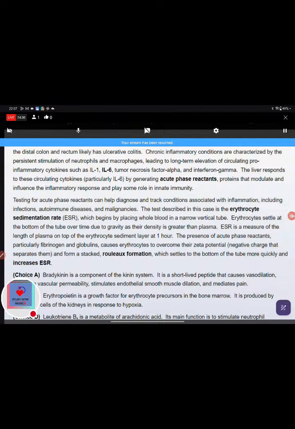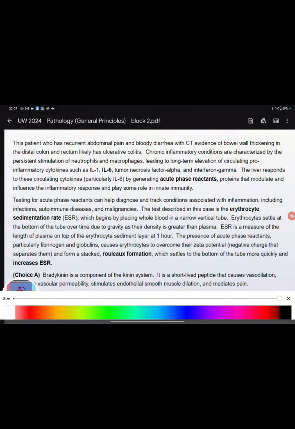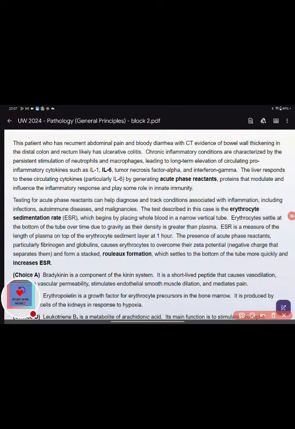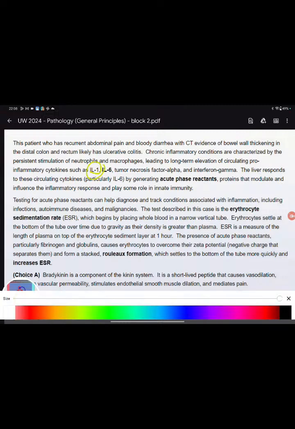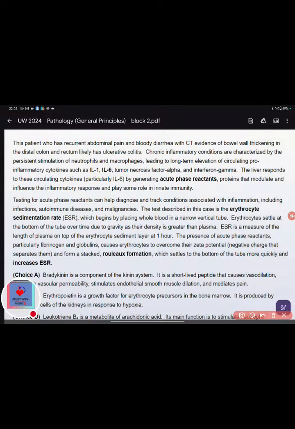So here you can see that in this case there is increased IL-1 and IL-6. Let's choose some vibrant color so that we can stay concentrated. Okay, so there is IL-1, IL-6, and tumor necrosis factor alpha, and interferon gamma.